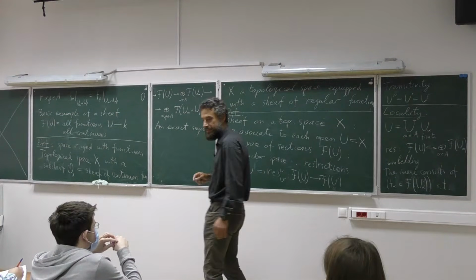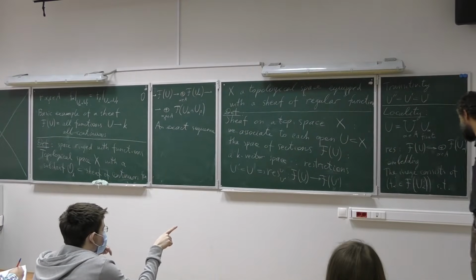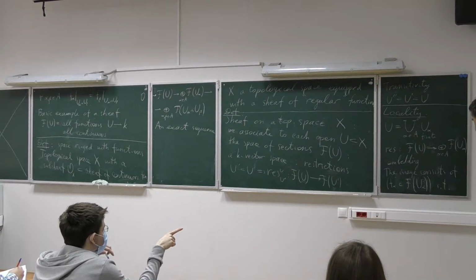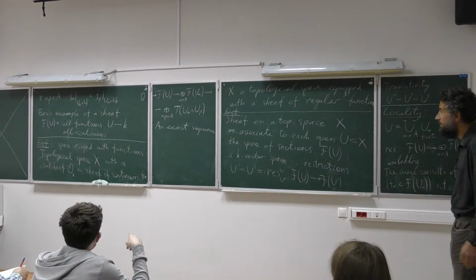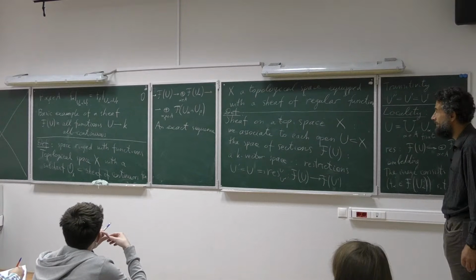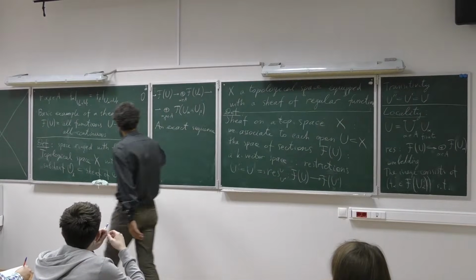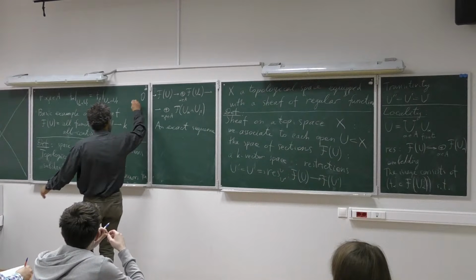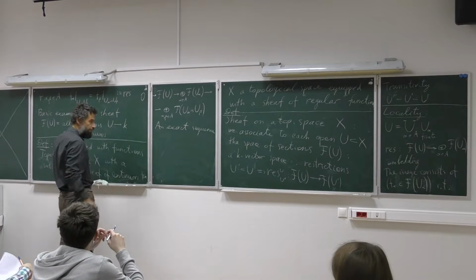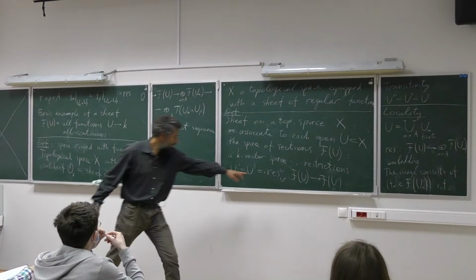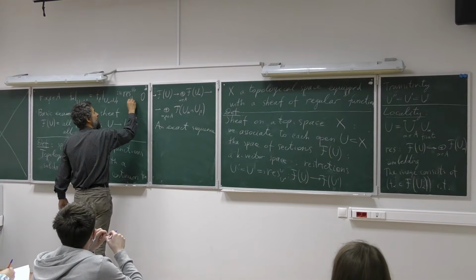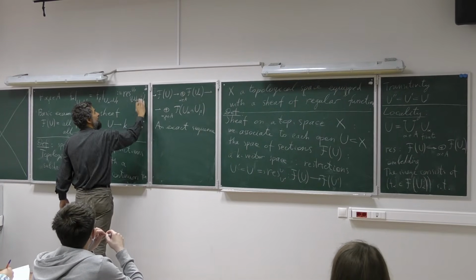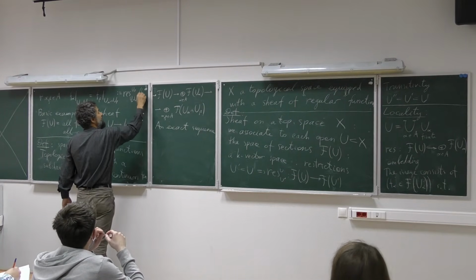You wrote that f alpha belongs to F of U alpha, but essentially the vector space is a vector. Yes, absolutely. So the vector is restricted to the open set. This is by definition, the restriction from U beta to U alpha intersect U beta of f beta.